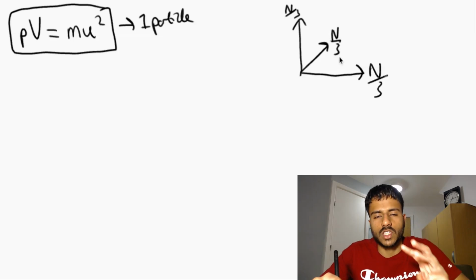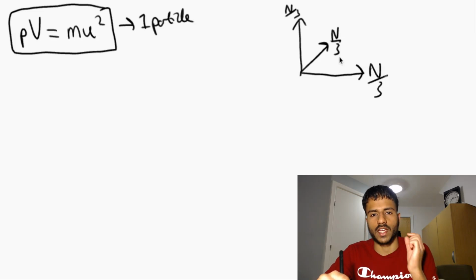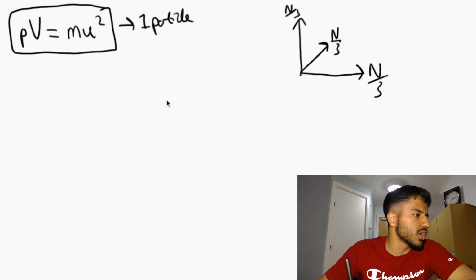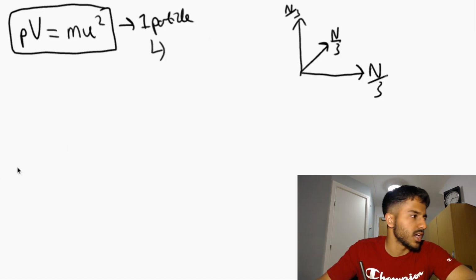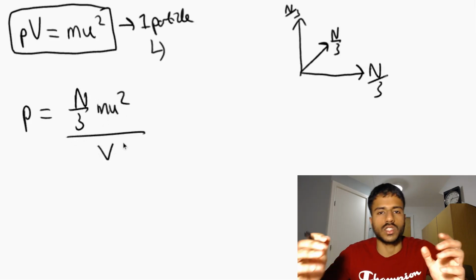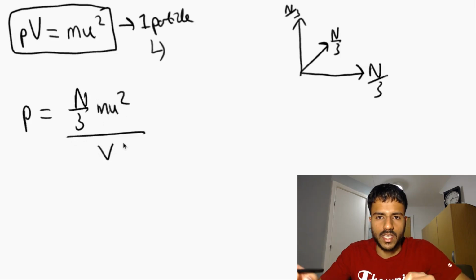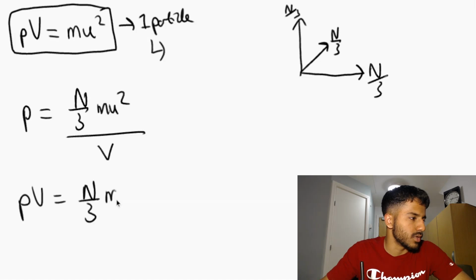As we know, this is an equation for one particle. So in total, the pressure exerted on each face is given by N over 3 mu squared over V, because there's N over 3 particles hitting each face. Therefore we get PV is equal to N over 3 mu squared.